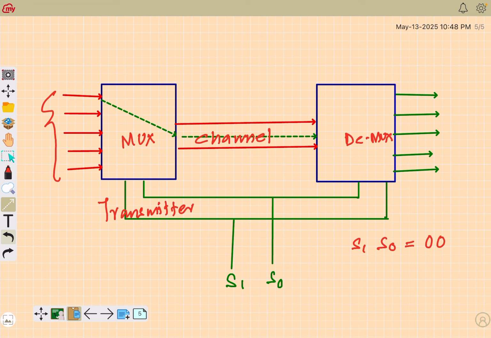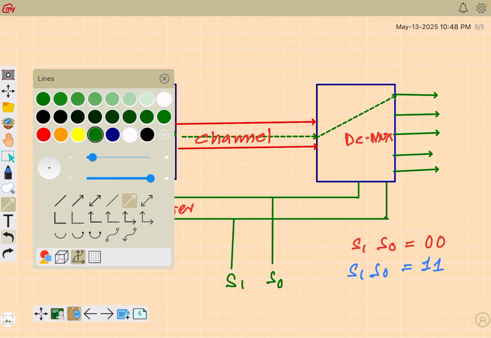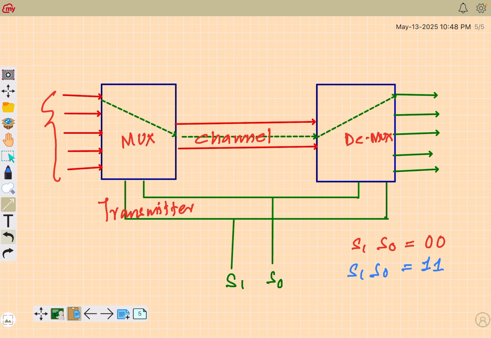And since these selection lines are common to both multiplexer and demultiplexer, this data will be sent to this output. Then if I change these values, say S1, S0 is 1, 1, in that case, say the fourth one, this one will communicate its data through the channel. It will go through the channel and then at the receiver, it will be routed to the appropriate output.